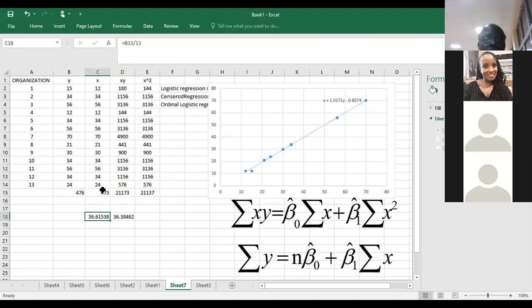Good. 36.4. That's all right. So beta naught equals 36.6 minus 36.4 beta 1. Is that okay, everybody, please?